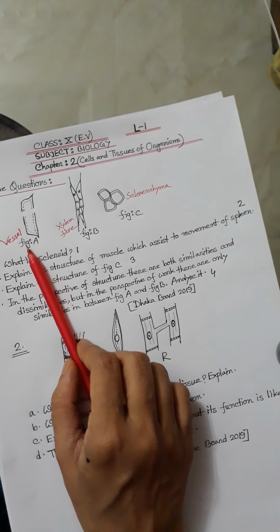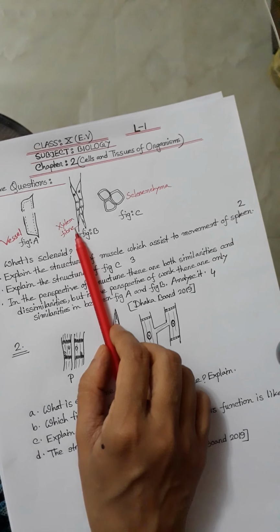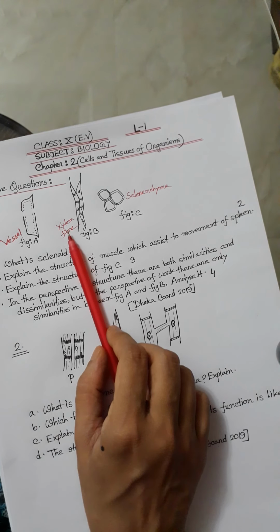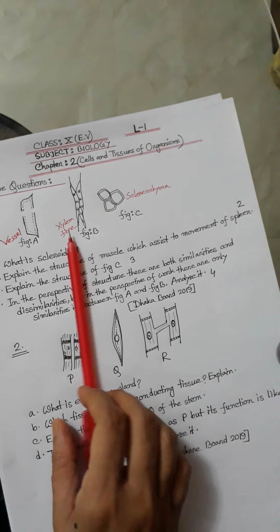Then the structure of xylem fiber. The sclerenchyma cells in the xylem are called xylem fibers, or wood fibers. The ends of this type of cell are tapered. Mature cells do not contain protoplasm and so become dead.